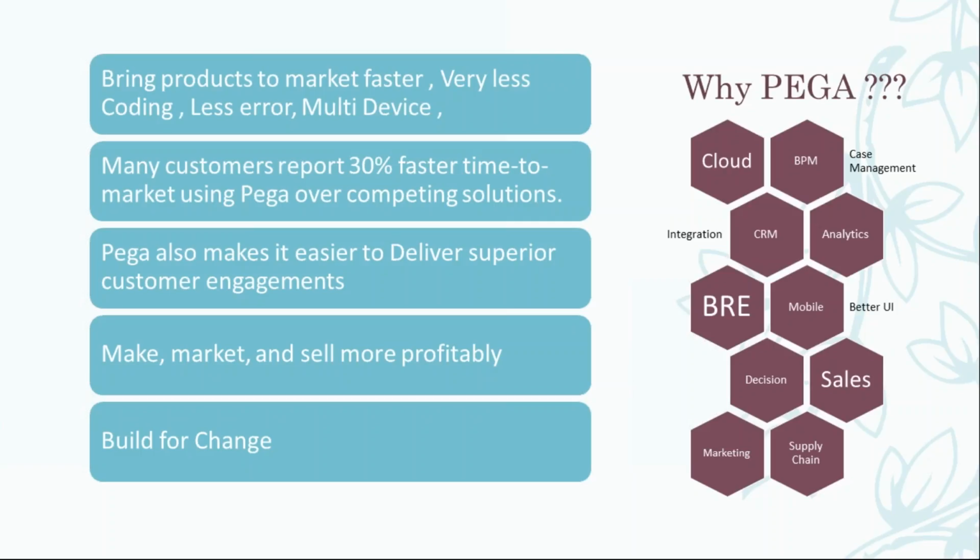That's one more feature of Pega. You can make products or applications quickly, so your return on investment is very good, the quality is better, and there will be fewer errors in production. All of that makes Pega the market choice for the BPM and CRM segment.